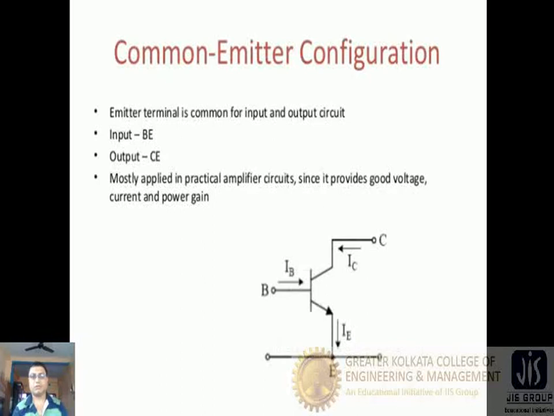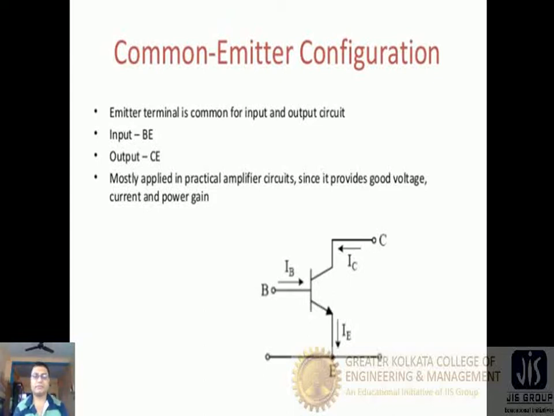Another is the common emitter configuration. This configuration is mainly used for the amplification factor, or in any kind of amplifier. The common emitter configuration is highly used in electronic circuits. So the emitter terminal is common for the input and the output. So input is BE, that means base to emitter, and output is CE, collector to emitter.